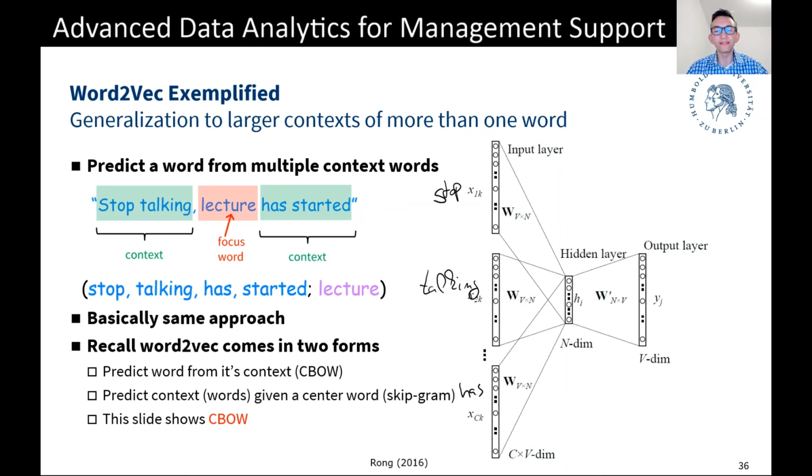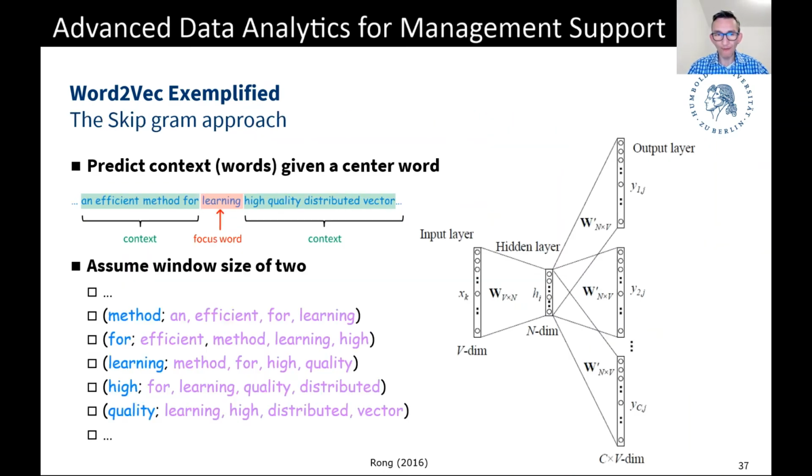And then everything is exactly as it is before. So that is CBOW. How about skipgram?